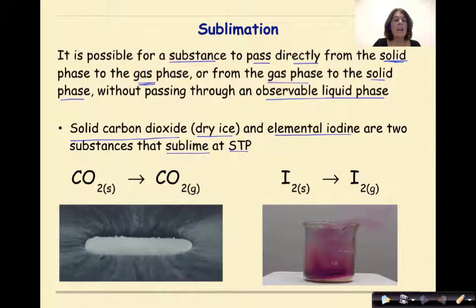So carbon dioxide as a solid, otherwise known as dry ice, will go directly to a gas, and elemental iodine as a solid will go to the gaseous phase and skip over the liquid phase.